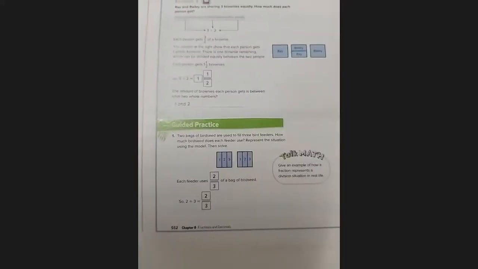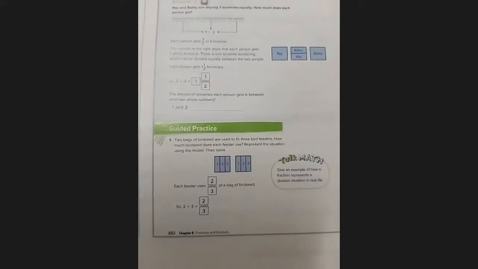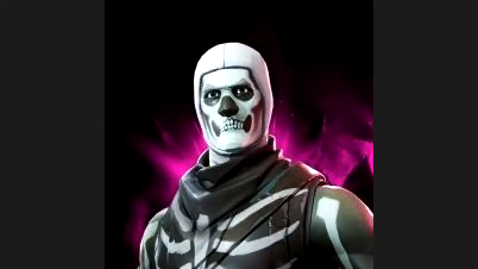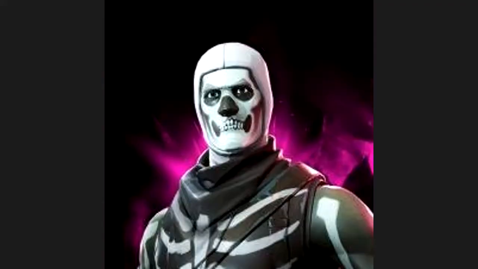Omar. 2 bags of... 2 bags of bird seeds. Bird seeds are used to fill 3 bird feeders.